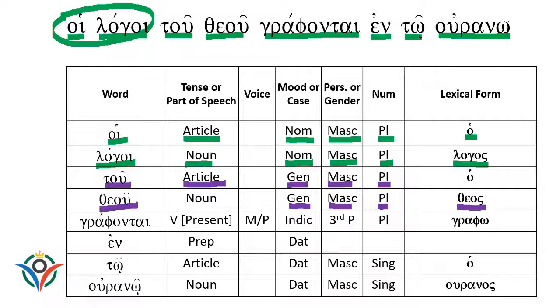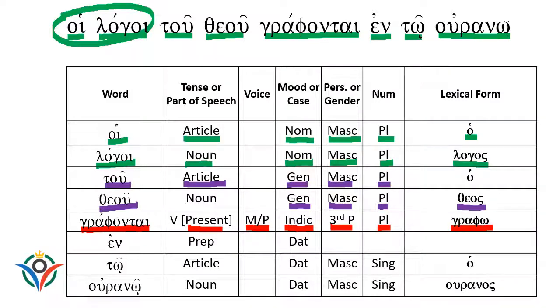Now we have a verb, graphontai, which is tense, present, voice, can be middle or passive. All right, so we've got to give both forms, because remember the forms are the same. The mood is indicative. The person, it's third person plural, and it comes from graphō.